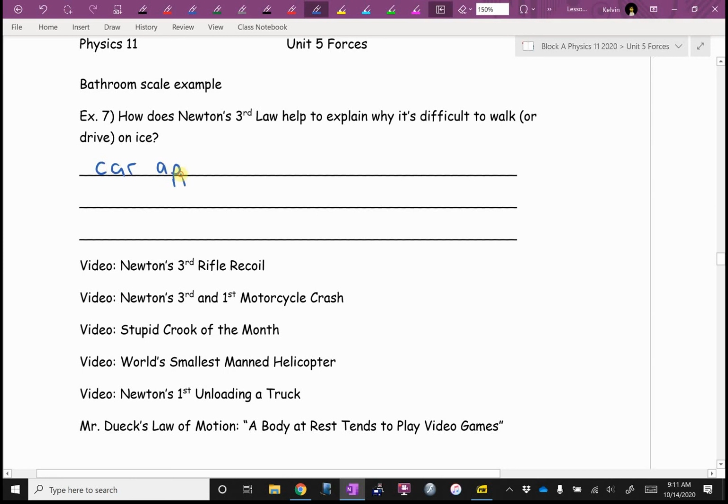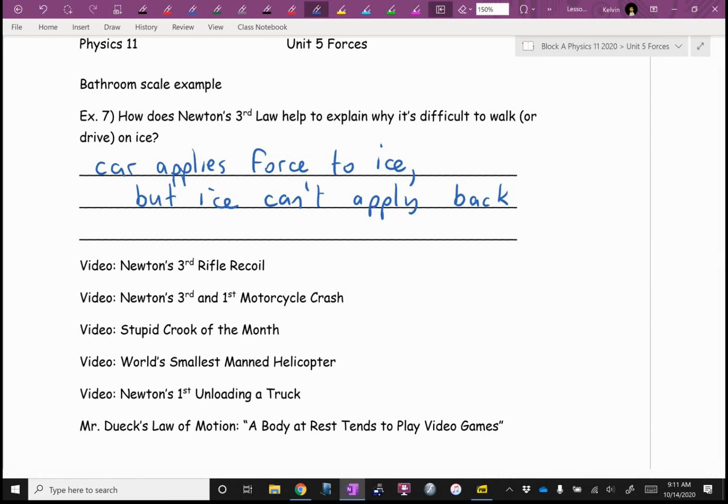Car applies force to ice, but ice can't apply the force back on the car. In which case, then, you can't get an unbalanced force. You're going to keep going in a straight line at a steady speed.